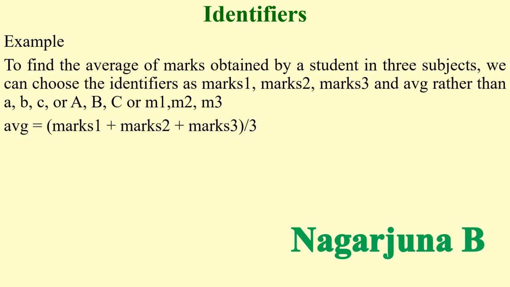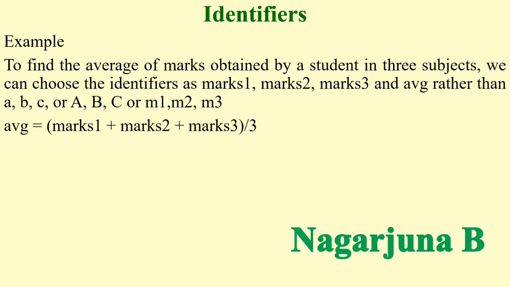Let us consider a few examples of declaring an identifier. To find the average of marks obtained by a student in 3 subjects, we can choose the identifiers marks 1, marks 2, marks 3 for storing the marks in 3 subjects of a student. And for the average, we can take an identifier AVG rather than choosing ABC, either uppercase or lowercase, or considering M1, M2, M3.